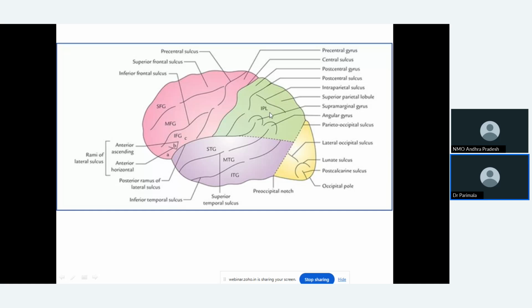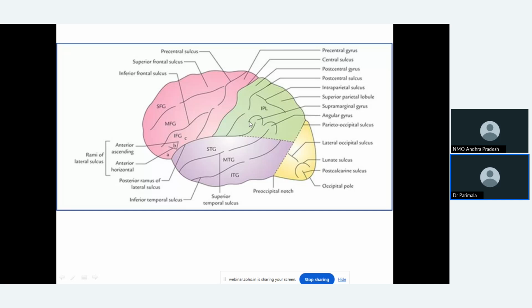Clear? Right. Again, just like here, the inferior parietal lobule has two more additional gyri. How are they formed? These gyri are formed because of the upturned ends of the lateral sulcus and superior temporal sulcus.